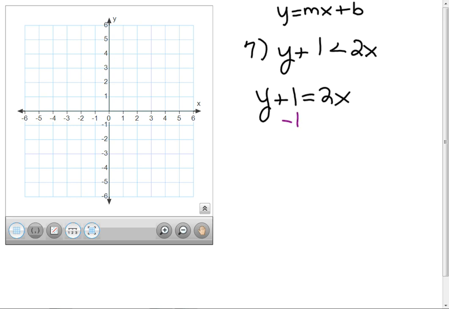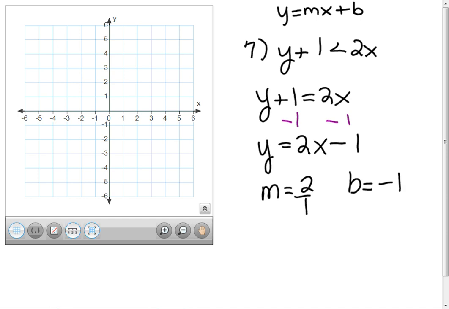Brisbane says subtract 1 from both sides because we want to see y equals 2x minus 1. Can I add 2x and the negative 1? No, they're not at all the same. Now you should be able to do it. What's the slope? 2. Where did we begin?